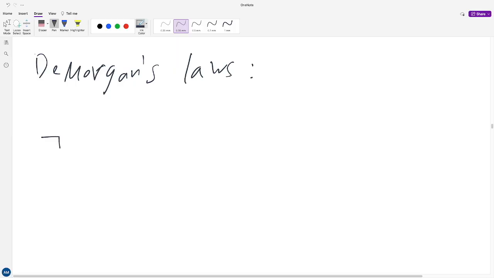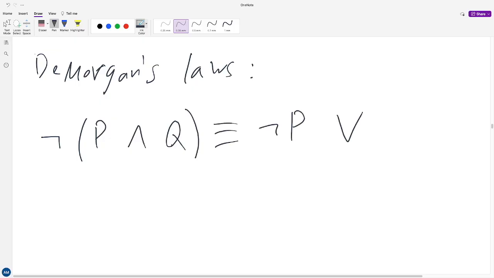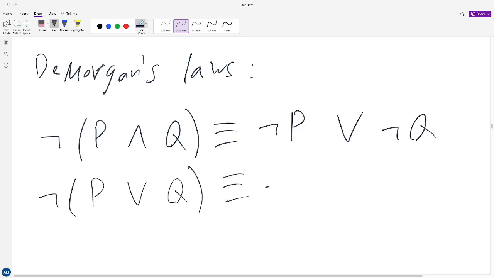We have not (P and Q) is equivalent to not P or not Q. And on the other hand, the second one is not (P or Q) is equivalent to not P and not Q. So as you can see, these two equivalences look pretty similar.